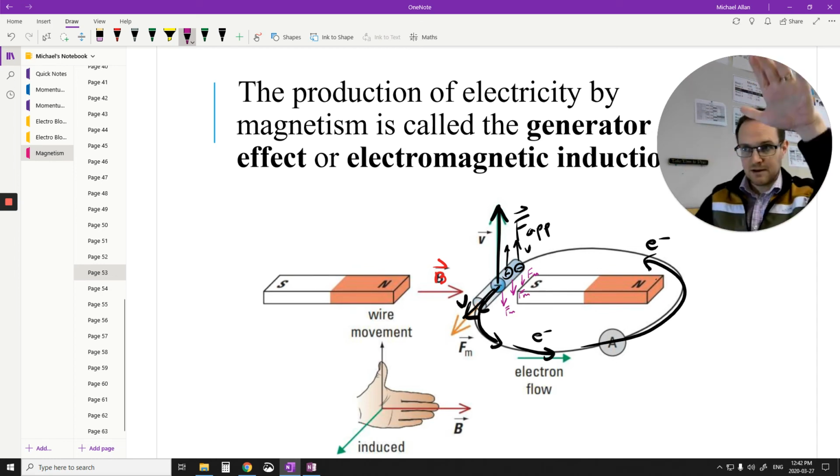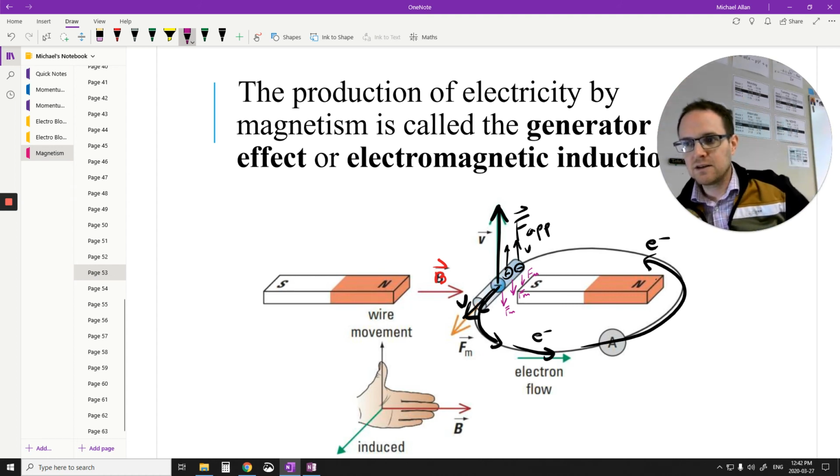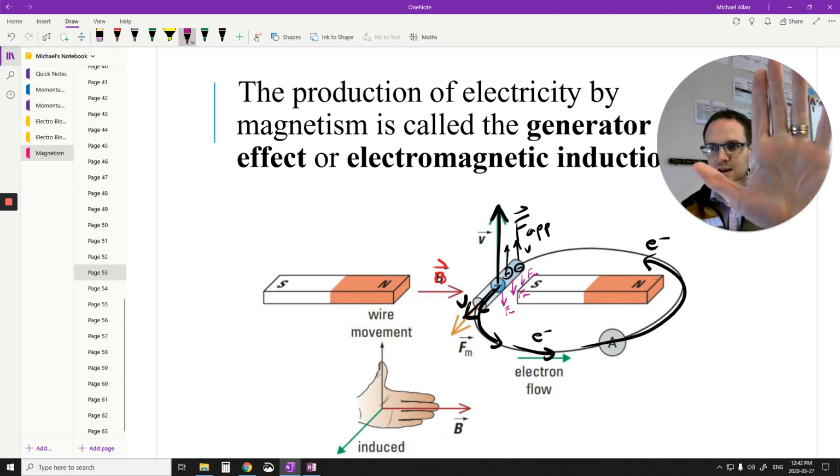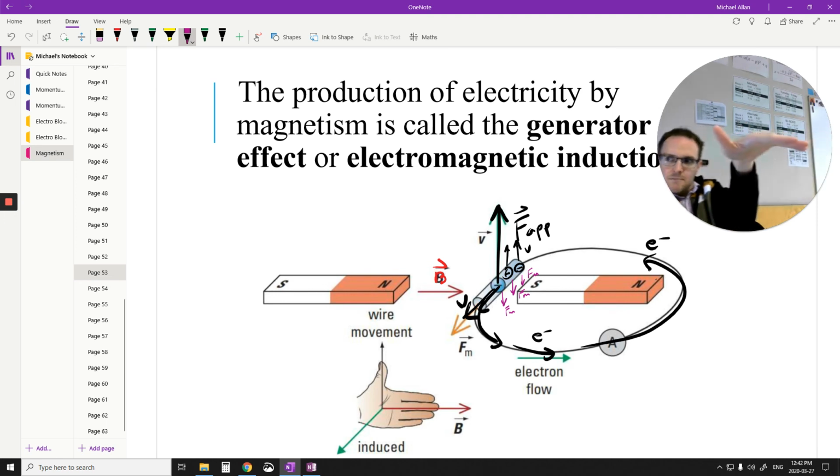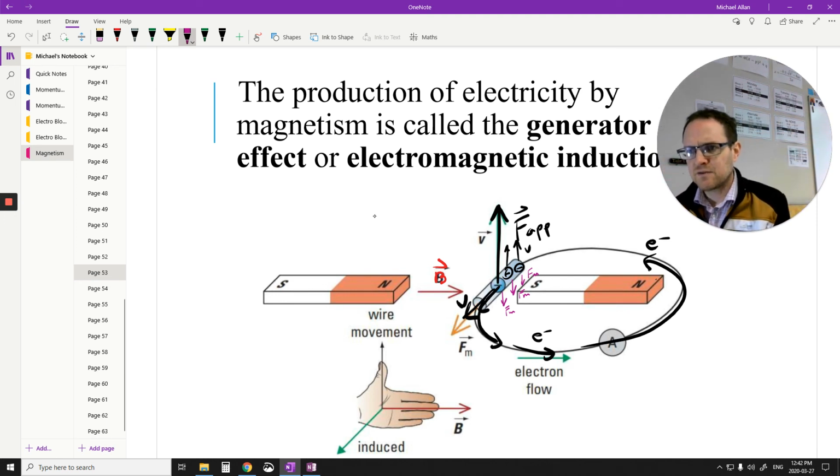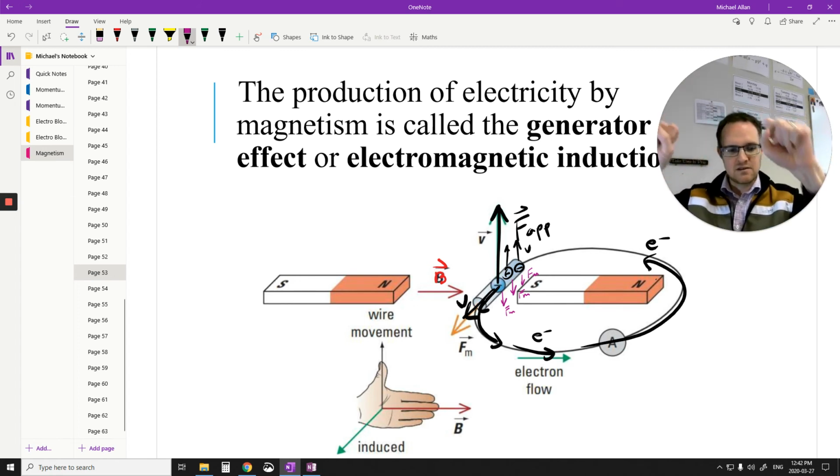Now I drew them really small. All the electrons are getting forced, as long as they're moving through the magnetic field in that direction, so they're coming out of the page, they're all going to get forced downwards. So I'm applying a force upwards to make them move that way, and then they apply a force back down. So what they're actually doing is adding resistance to this wire.